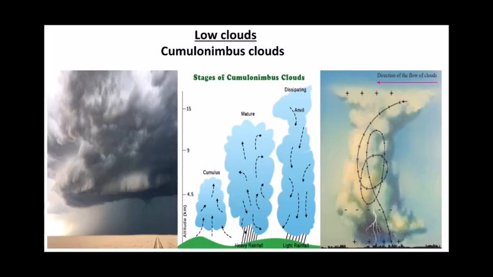That means whenever these clouds are there in the atmosphere, there will not only be thunder, but lightning will also be there. They bring rain with storm and may sometimes bring hailstones. But such a type of rain does not last long. That means the rain will fall for some time and go away.